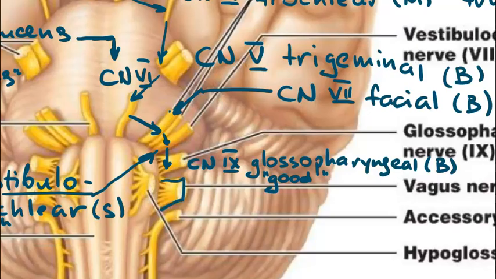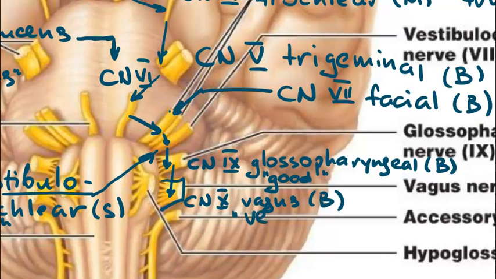This is perhaps the most well-known nerve, the vagus nerve, cranial nerve 10. Also both motor and sensory.